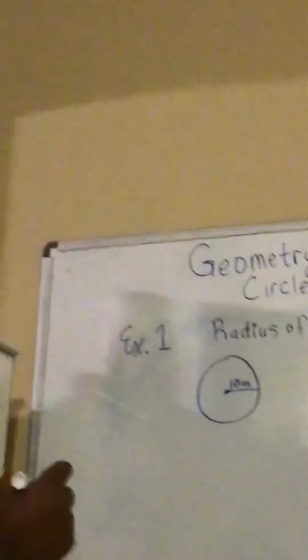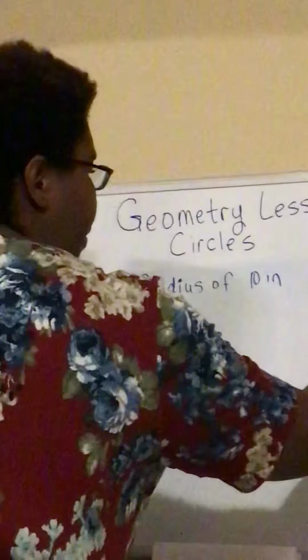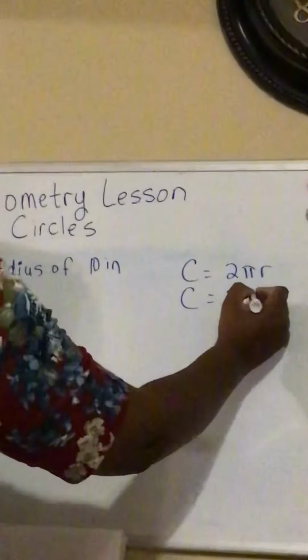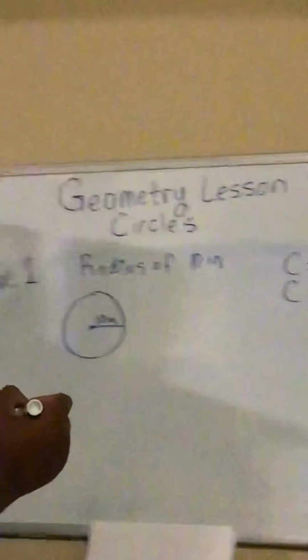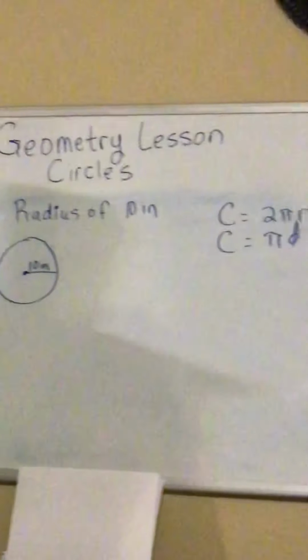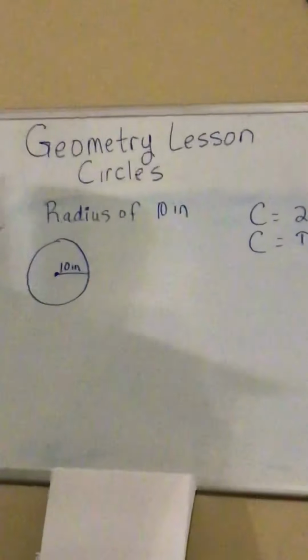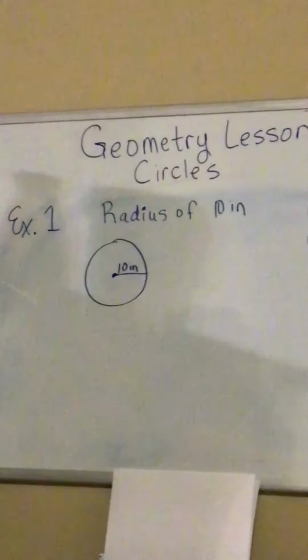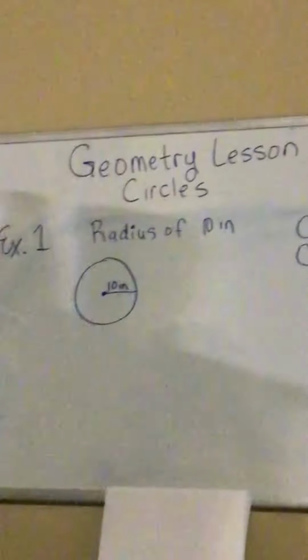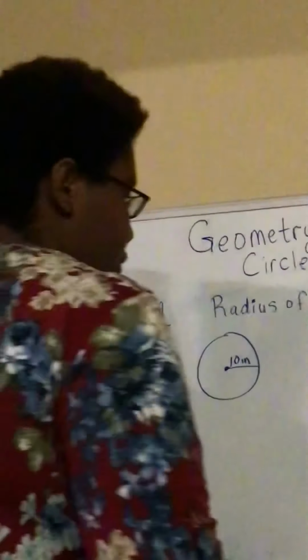And then I'm going to figure out which formula do I need. So my two formulas are circumference equals 2 pi r, or circumference is equal to pi times diameter. Okay, so we have to figure out which one of these two formulas we need.